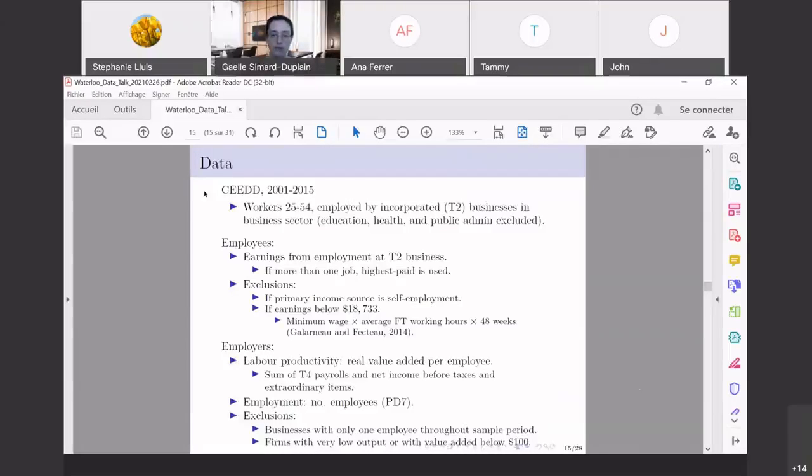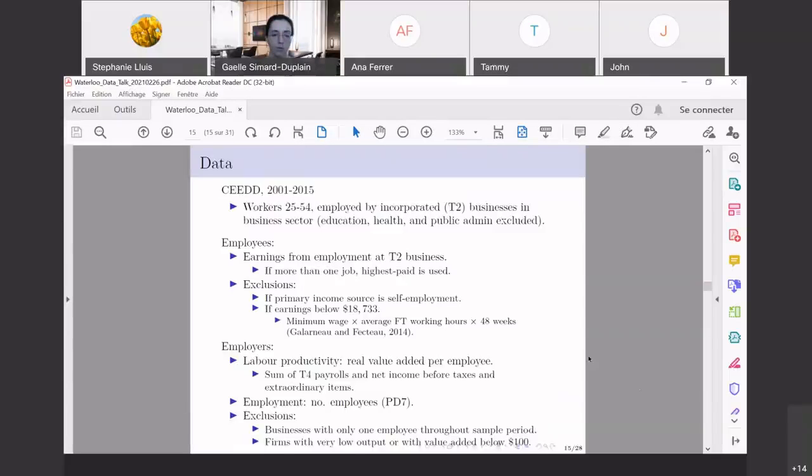And so we throw that away, with the caveat, obviously, that at least education and health and public admin to some extent are sectors where you do find a lot of women employed. So when we discuss results, you have to keep in mind that we're really talking about private businesses in the non-education, non-health sector. So just to have in mind to understand the scope of our results.